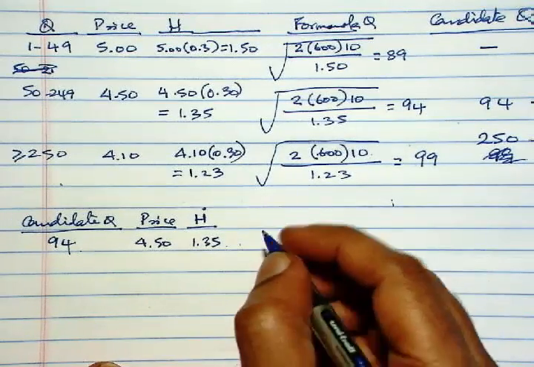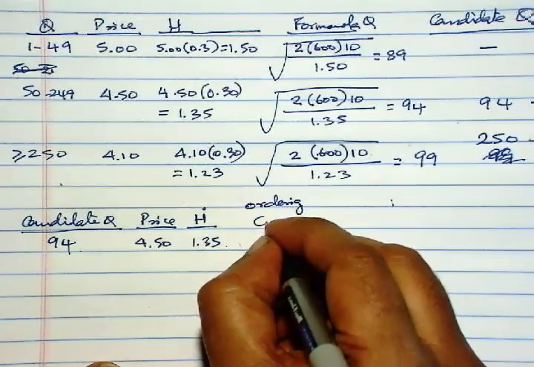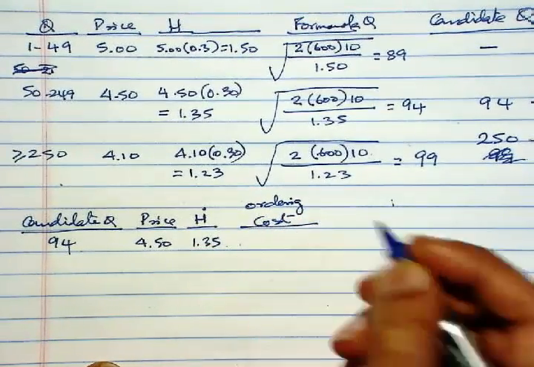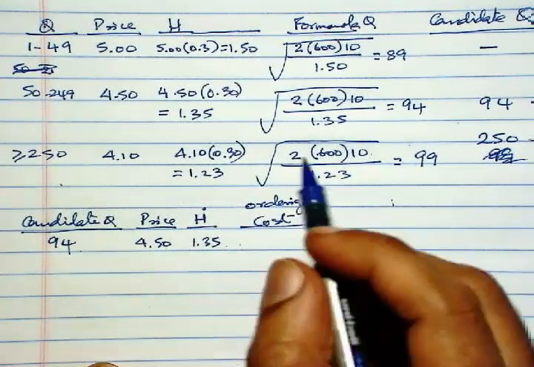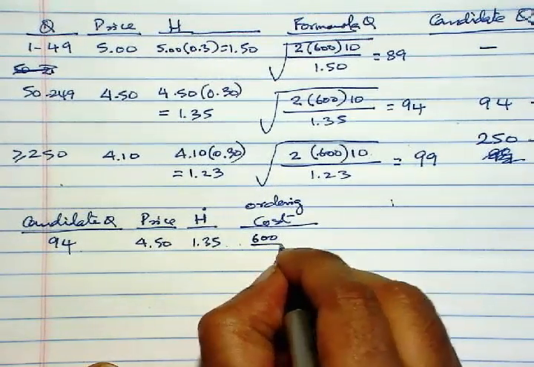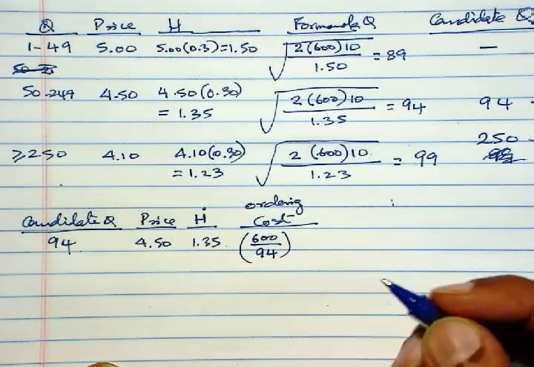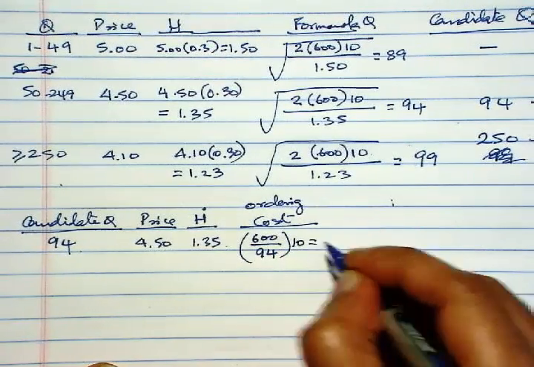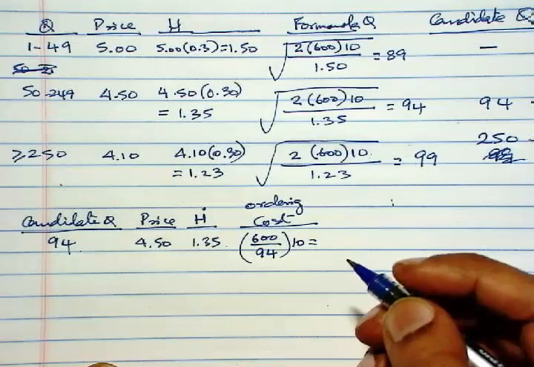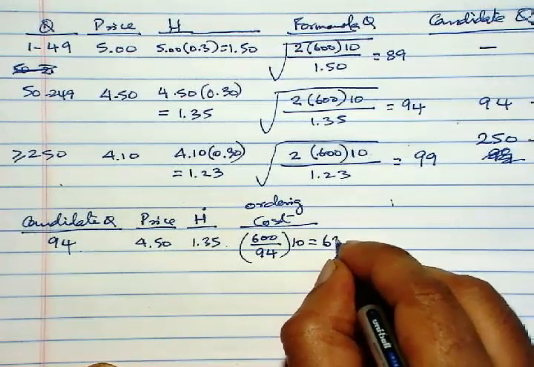So now we have ordering cost. Ordering cost is D over Q times S. So that will be 600 divided by 94 times 10. And that will give us 63.83.